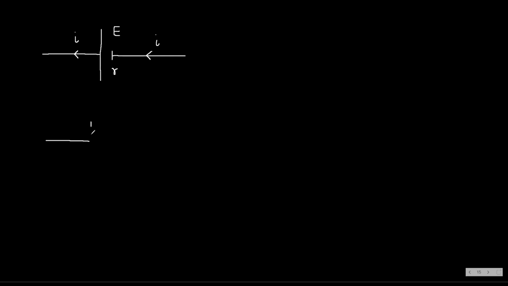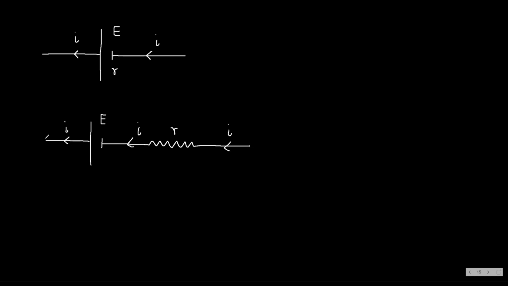So if I draw it like this, one is E and this one is R. This current I comes from here going to this point.